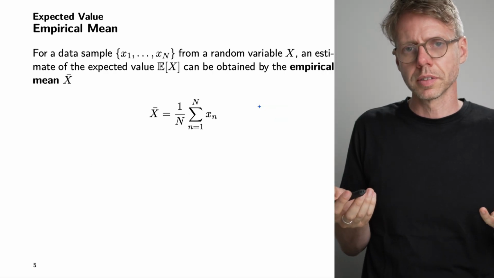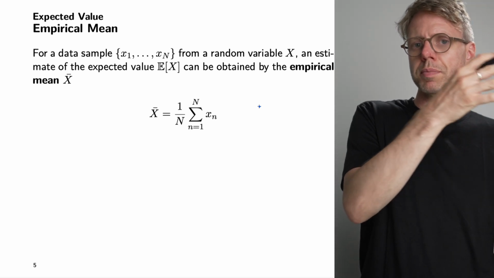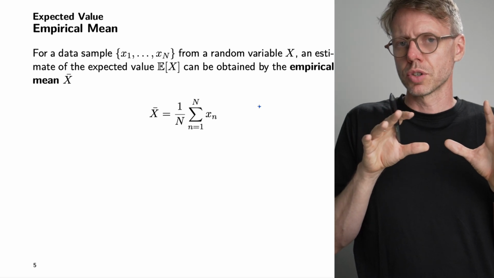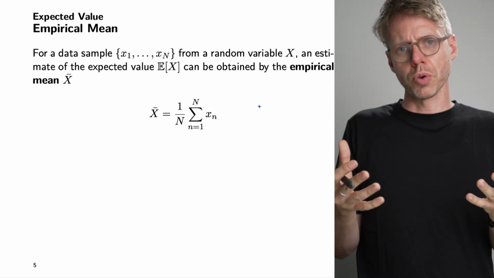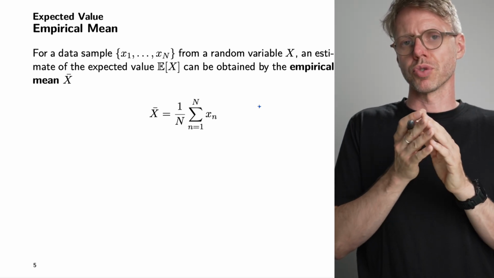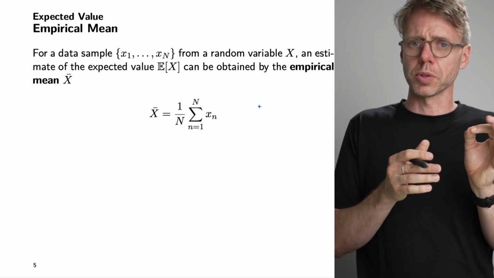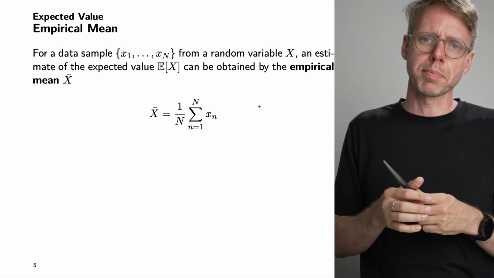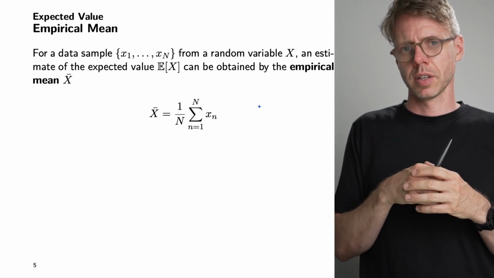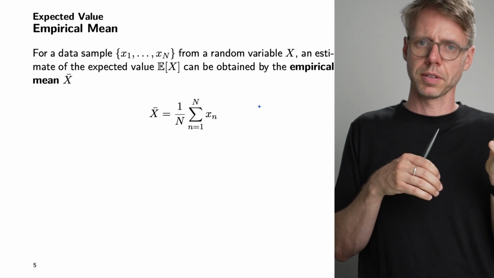Now in general, say we are given only a sample from some probability distribution, we typically do not know the expected value of this probability distribution. However, what we can do is use these samples to get an empirical estimate of the mean of this random variable.